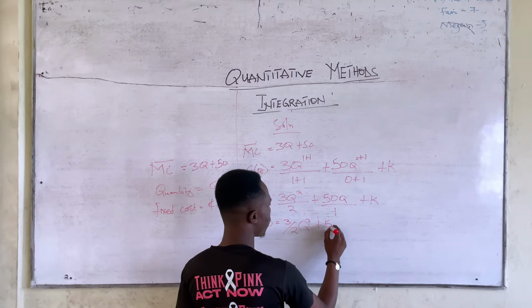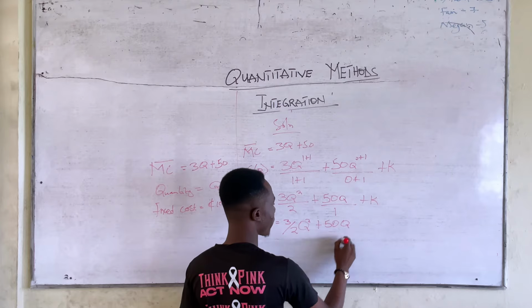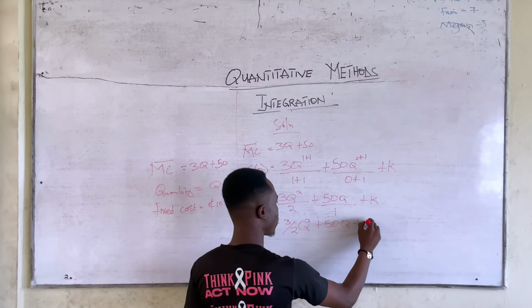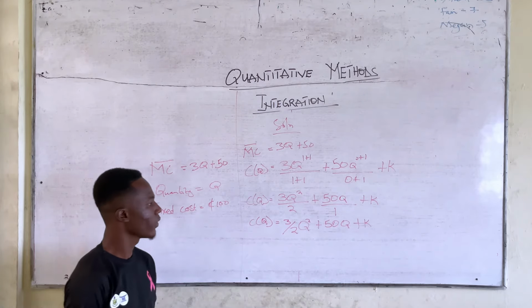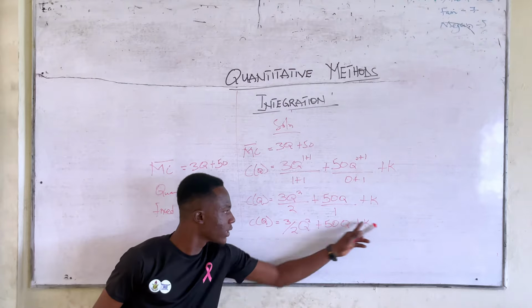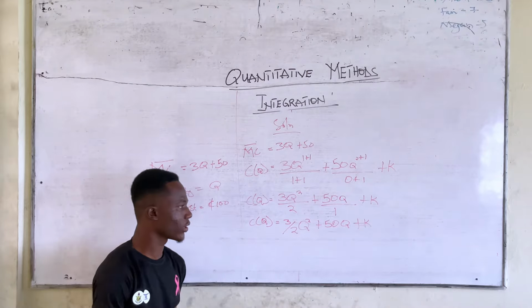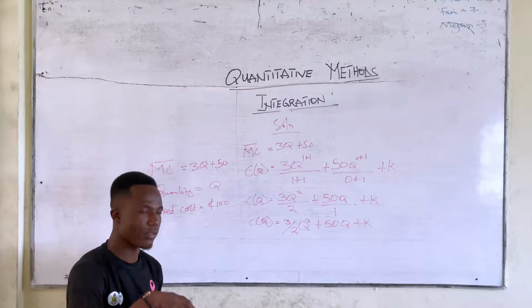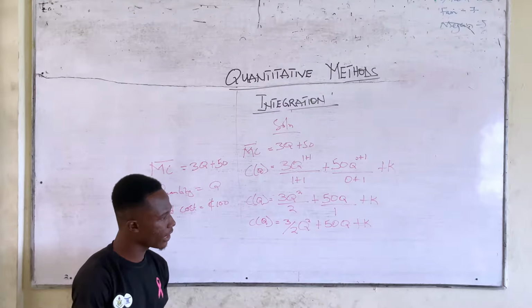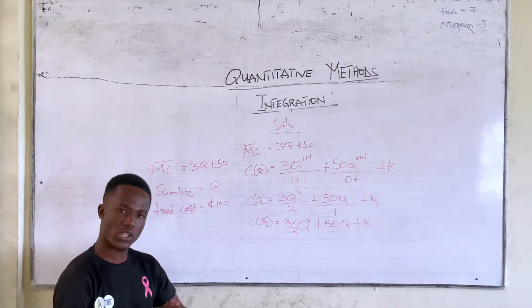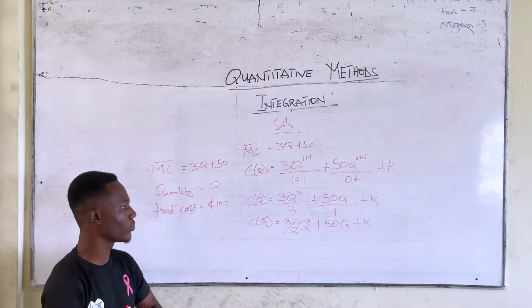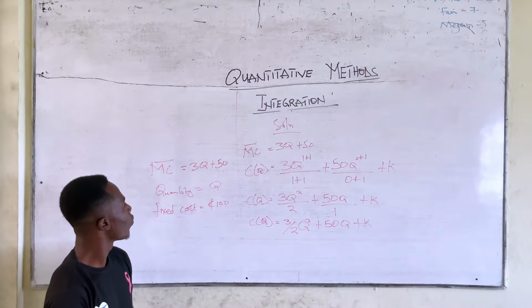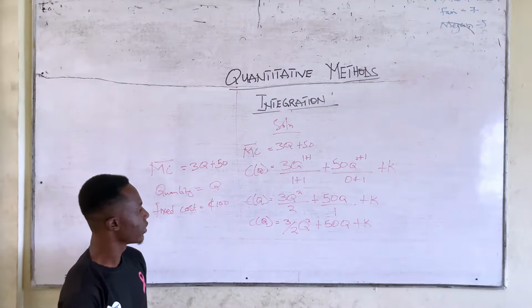So 50q plus what? K. There is one last thing to be done before we get our cost, because whenever you have k in the function, it means you are not done with the function. There is something that has to be done. And so what do we have to do next?